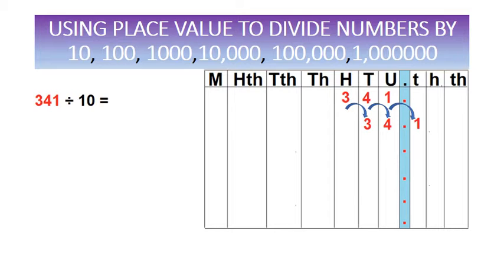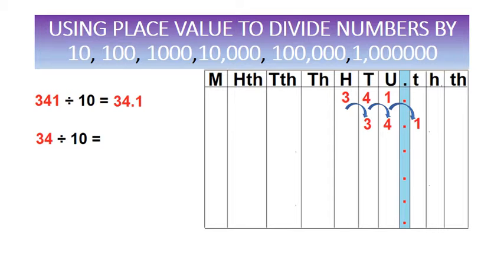So the digits are identical, but what's happened is each one of those has moved 1 place to the right. So the answer is 34.1. And we don't have to worry about the decimal point being in the way. We simply just move the digits to the next column along.